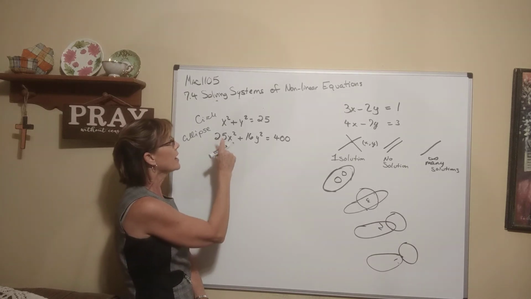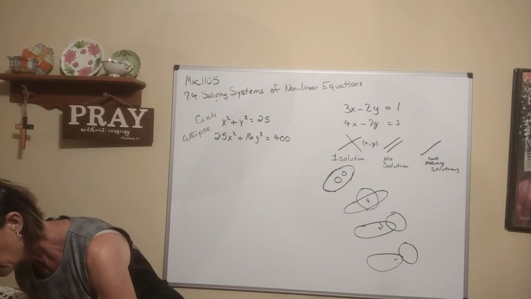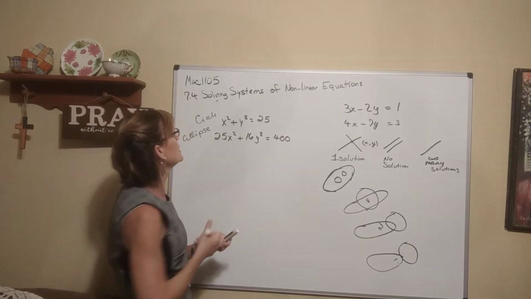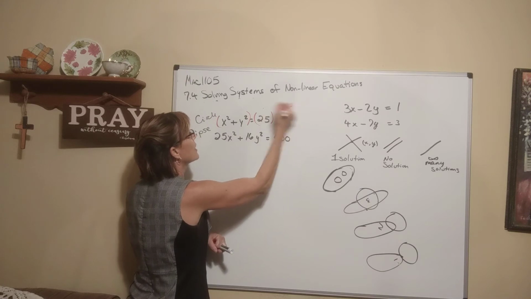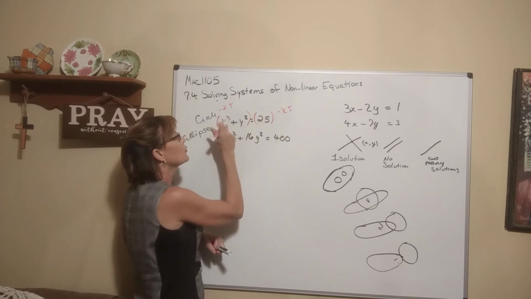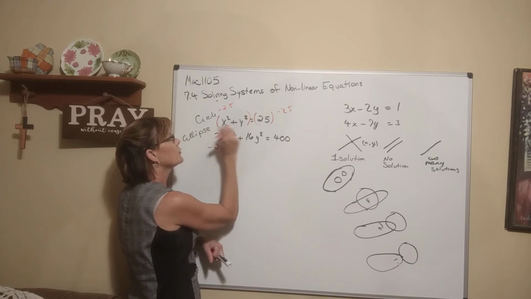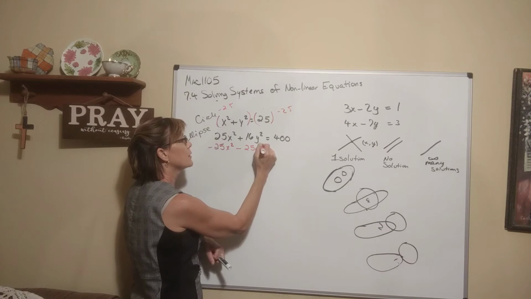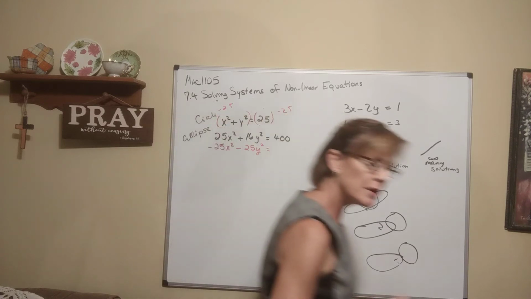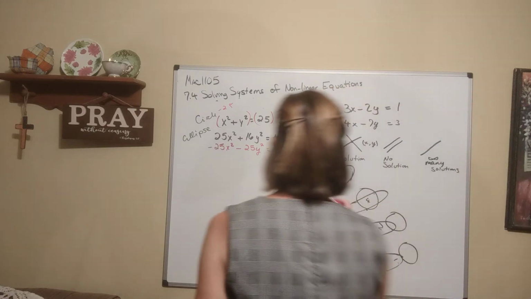So if I choose to multiply the top equation up here by negative 25, I'm going to have to do some multiplication. And I guess I will use my calculator to help me out. Negative 25 times x squared is negative 25x squared. And negative 25 times y squared is negative 25y squared. And 25 times negative 25 is negative 625. Okay.